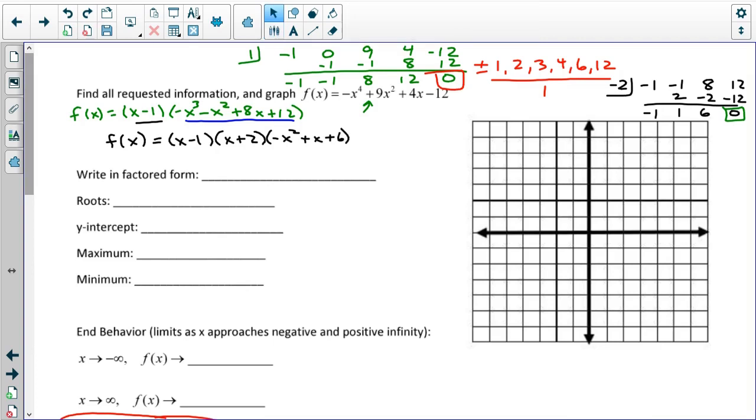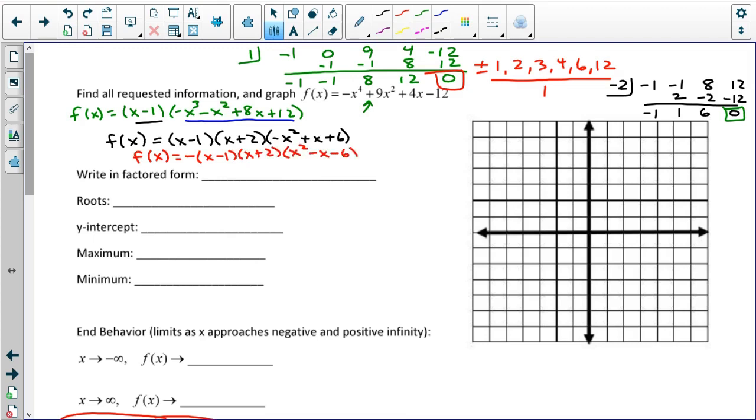In order to easily factor the -x squared plus x plus 6, I'm going to rewrite this as f of x equals -(x minus 1)(x plus 2)(x squared minus x minus 6) by just factoring out a negative from that trinomial.